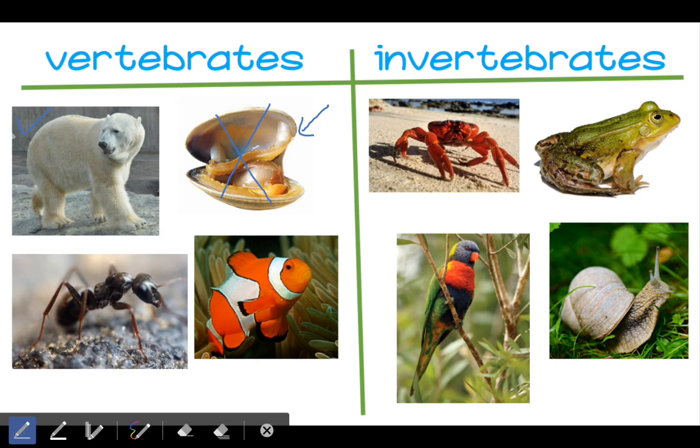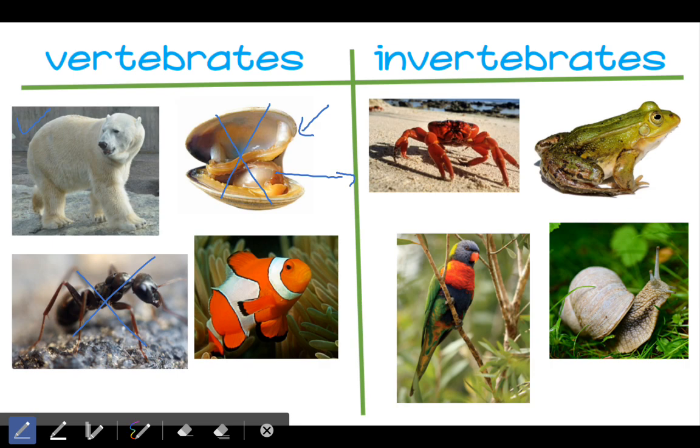No. Clams haven't got a backbone, so this is invertebrate. Look at this ant. Is this ant a vertebrate? Really? No way. It's not a vertebrate. It hasn't got a backbone. So it is an invertebrate.